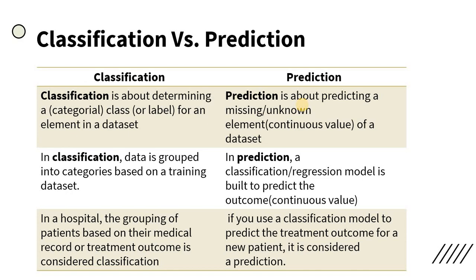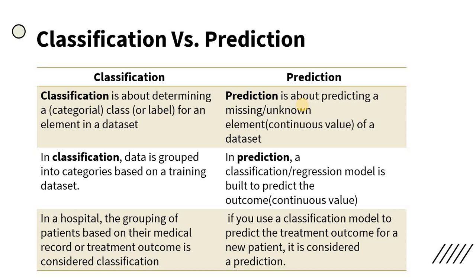Next is the difference between classification and prediction. Classification is all about determining a class for elements in a database. We are dividing our data into particular class labels. While prediction is all about predicting the missing or unknown elements or continuous values of a data set.